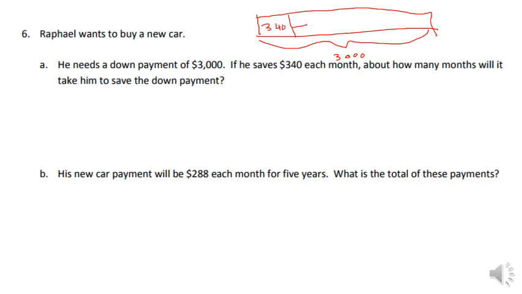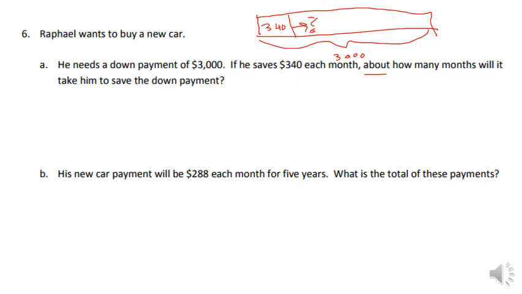And wants to know how many months it's going to take. Okay. So I can see if I have 340 and it's saying about, so we know we're looking at an estimate.